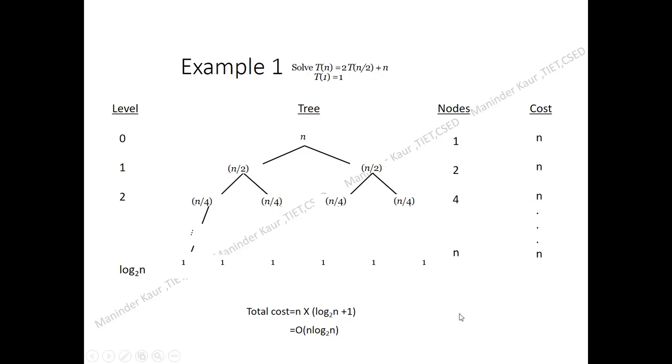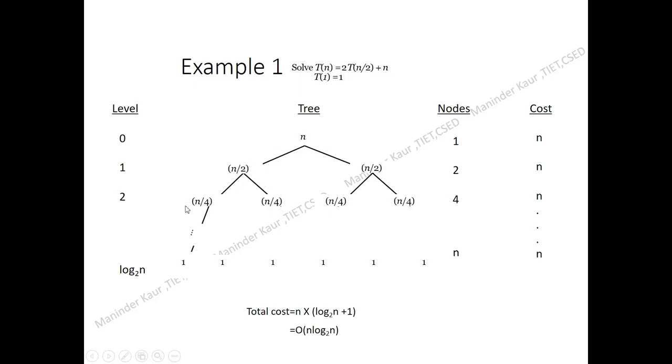Now if I try to conclude this recursive method, basically it first converts the original recurrence relation into the form of a tree, where each node represents the cost incurred at that level of recursion. Now n by 2 represents the cost incurred at this level of recursion, and so on.